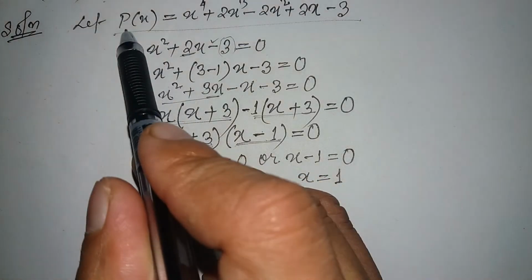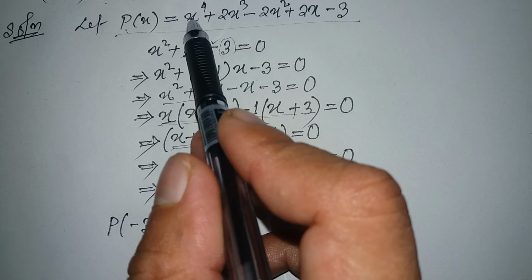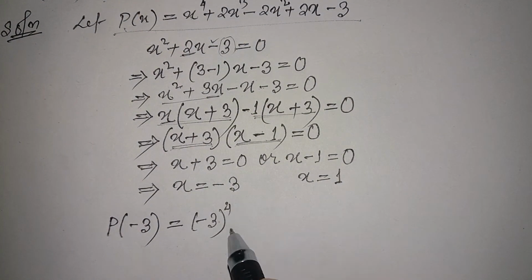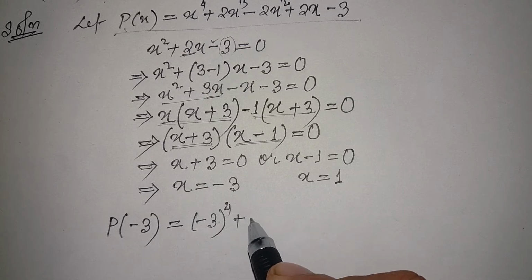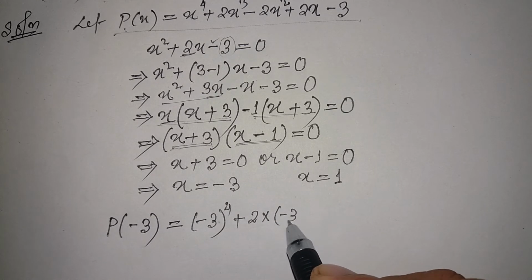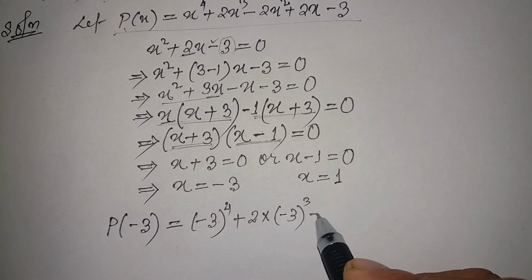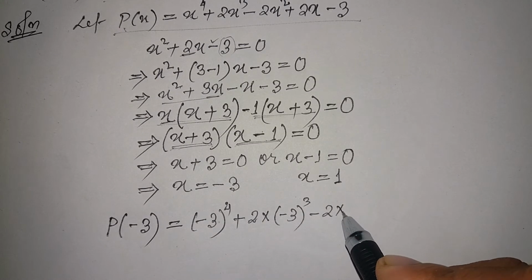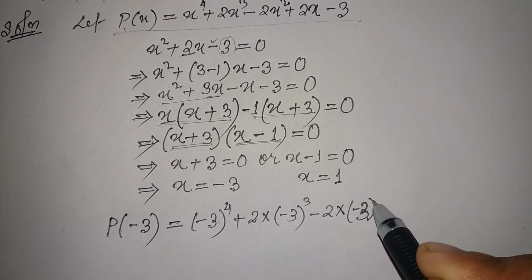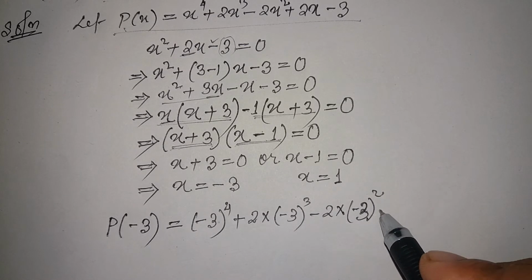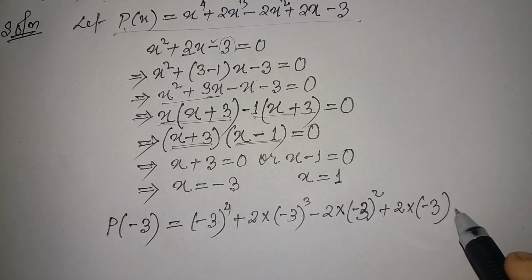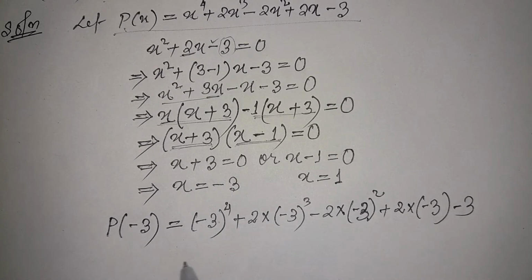Now let's do it with minus 3. So p of minus 3 is equal to minus 3 to the power 4, plus 2 into minus 3 cube, minus 2 into minus 3 square, plus 2 into minus 3, minus 3.